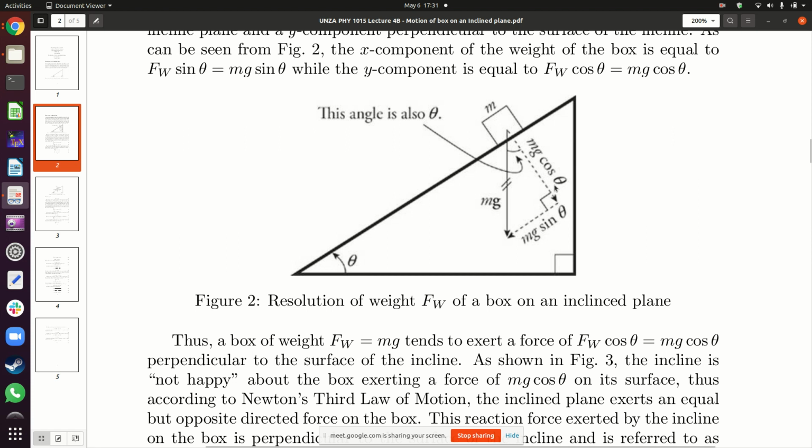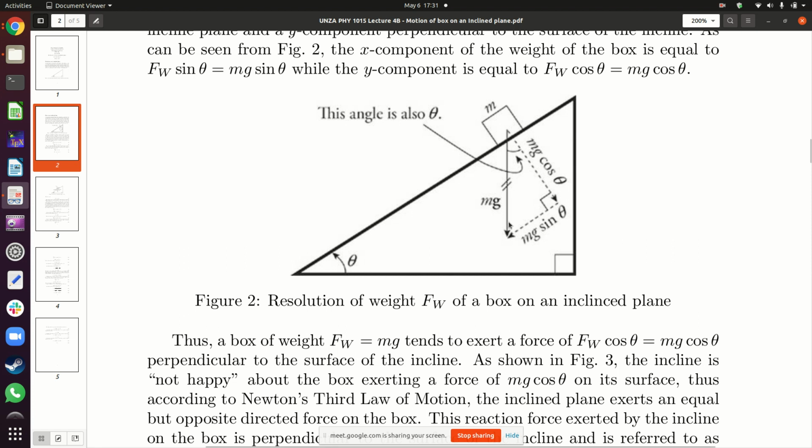Is that clear? If we have made this choice of saying the x-axis is parallel to the incline and the y-axis is perpendicular to it, then this weight does not lie along the x-axis, and it also does not lie along the y-axis.